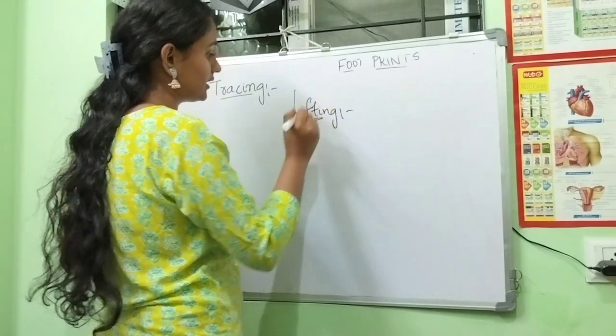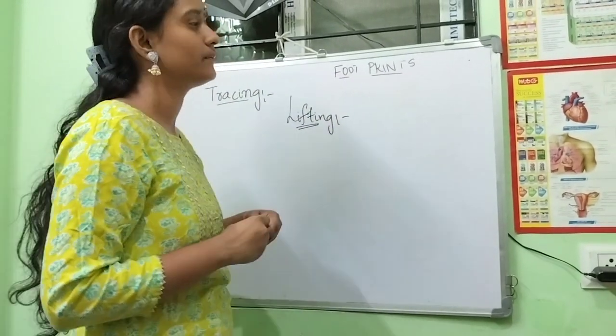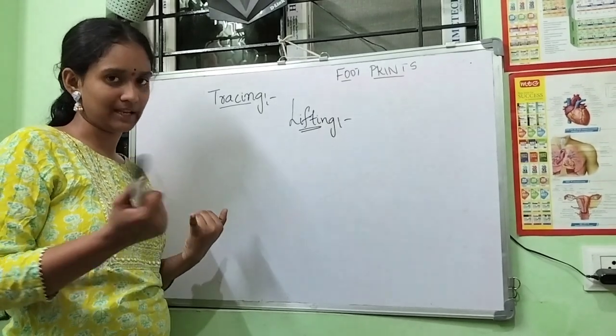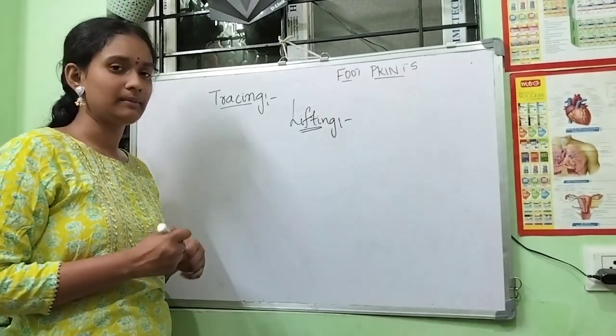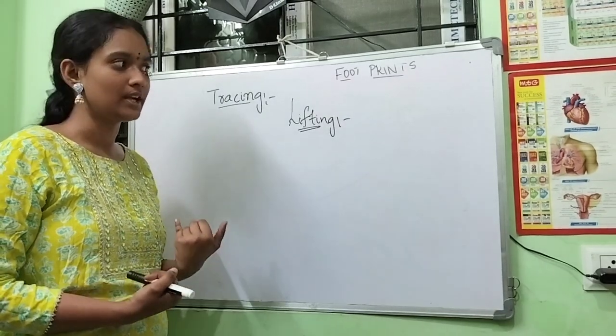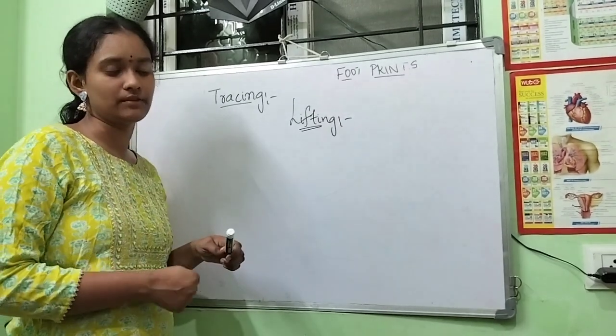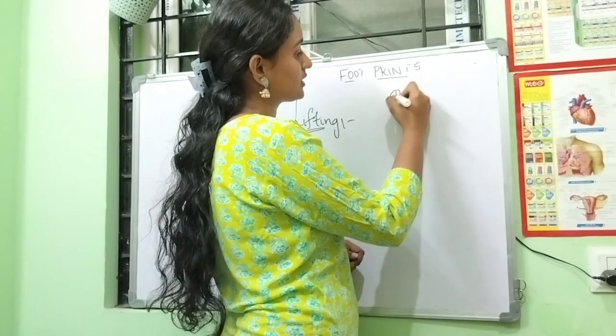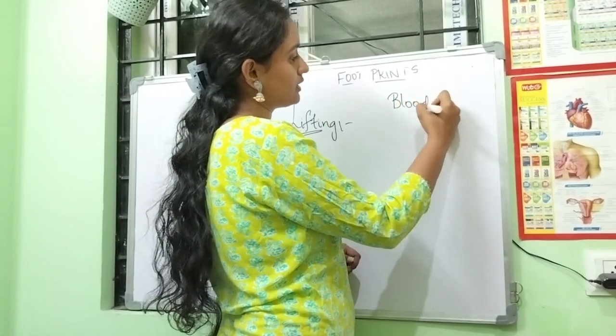Usually lifting is done this way: as I said, one thing is plaster of Paris. By pouring that also you can lift the footprint. And if you have any wet type of surface footprint, for example if the footprint is with blood, it is wet, right?